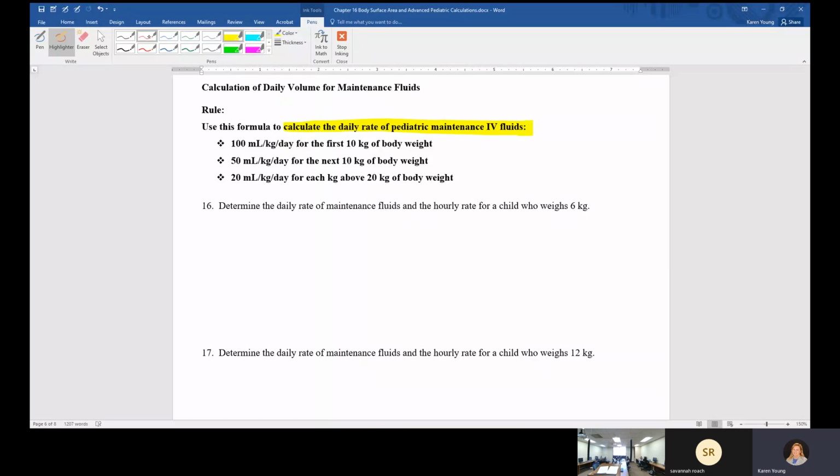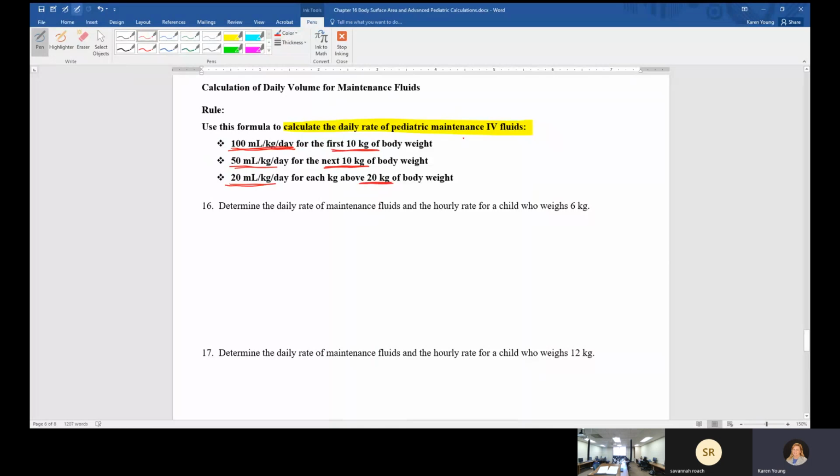So how we look at this, I kind of got backwards. The first 10 kilograms of body weight, they get 100 milliliters a day. For the next 10, they get 50 milliliters a day. And then anything above 20, they get 20 milliliters a day.